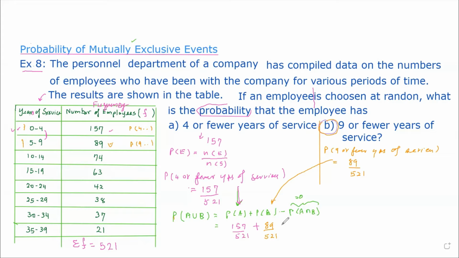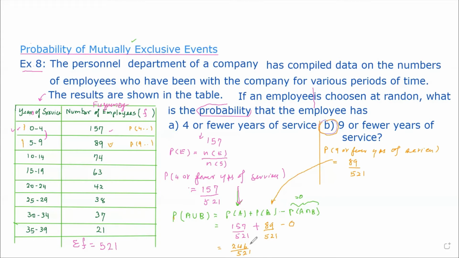Then you sum it up, and because there are no intersect outcomes, this one becomes 0. So you sum it up, and that's the answer. We have 157 plus 89, so that becomes 246 over 521.